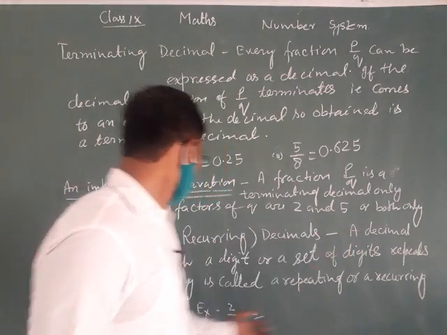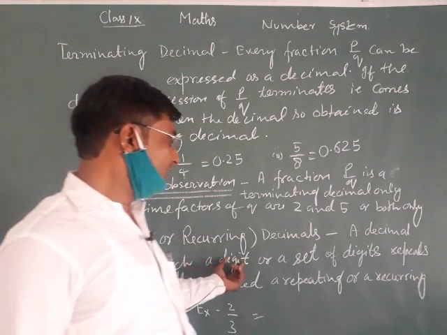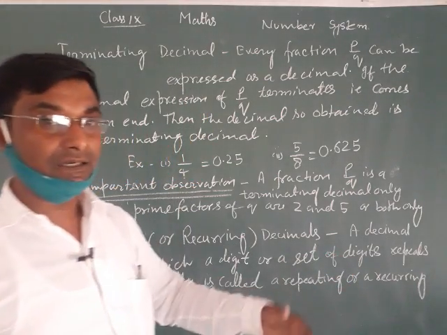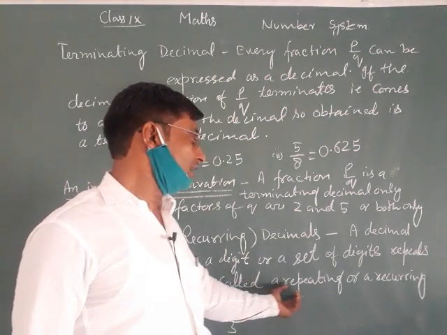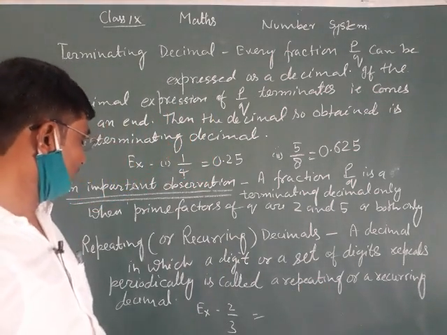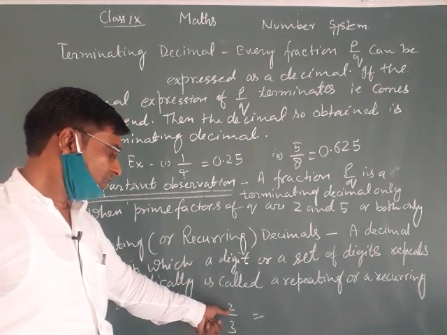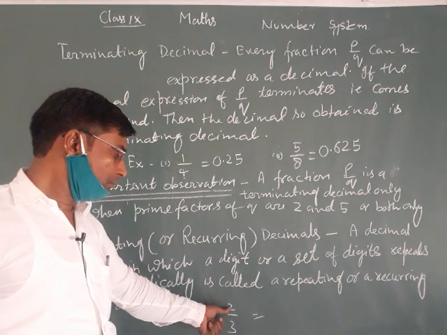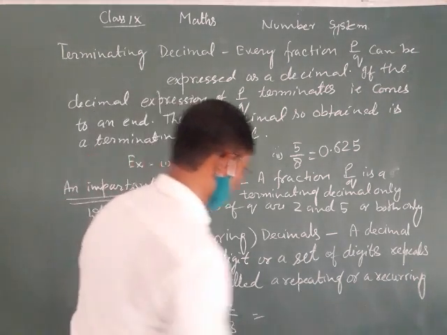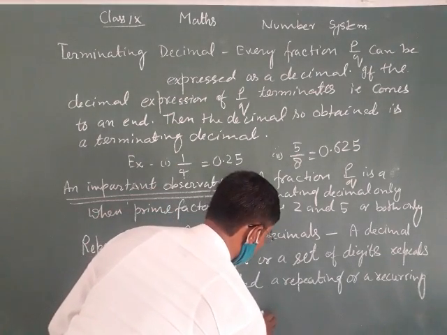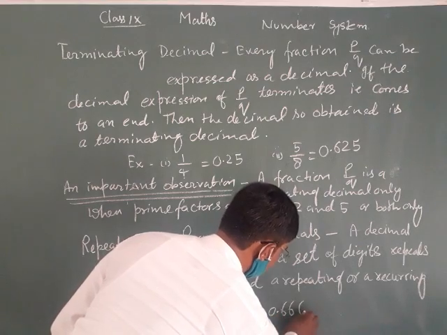A decimal in which a digit or set of digits repeats periodically is called a repeating or recurring decimal. For example, on division 2 by 3 gives periodically the digit 6: 0.666.